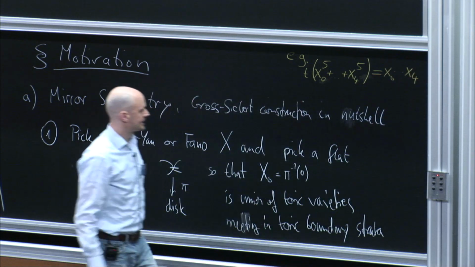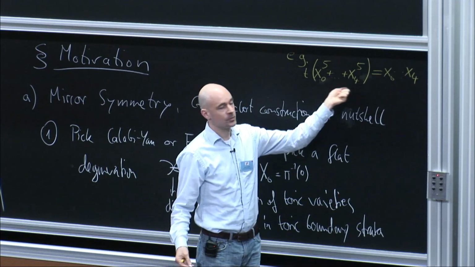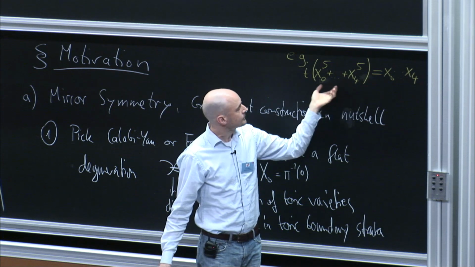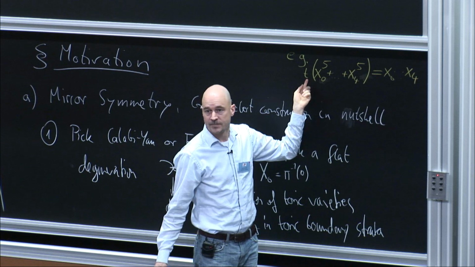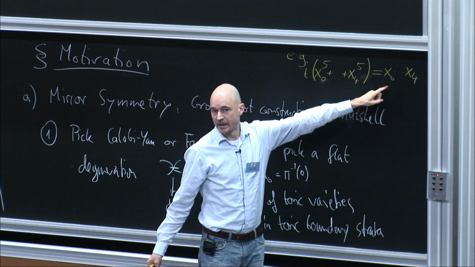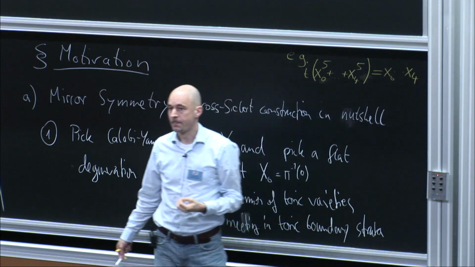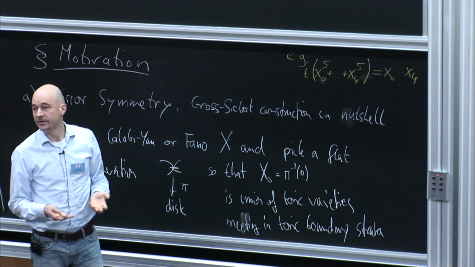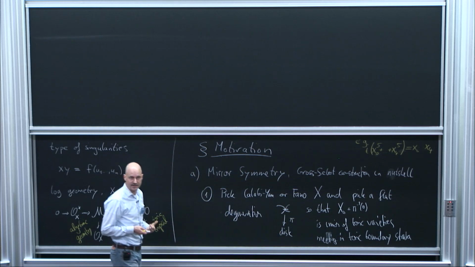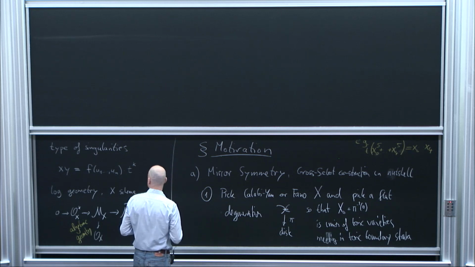The quintic is given in homogeneous coordinates by x0 to x4, the Fermat quintic in P4. And you put a parameter t here, so that when t goes to 0, you end up with that monomial, and that's just a union of coordinate hyperplanes. A coordinate hyperplane in P4 is a P3, and you have then 5 P3s, and they meet each other in P2s, so that's fitting the setup of this construction. That's a typical example. But there are many more examples.